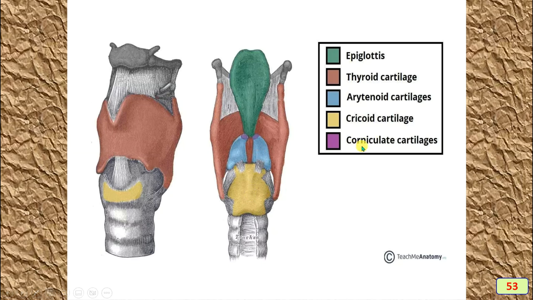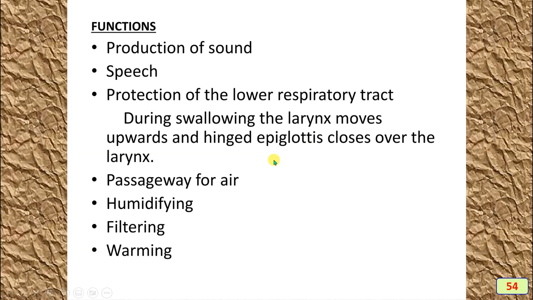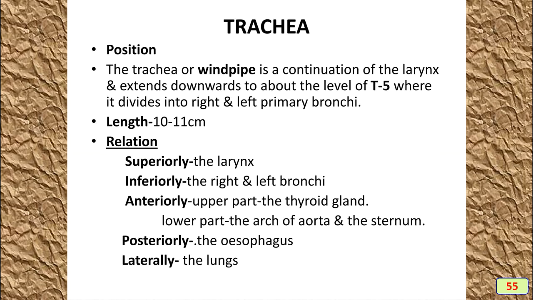Then the pink colored structures are called the corniculate cartilages, which are not seen. So the cartilages or the epiglottis serve in production of sound, speech, passage of airways, humidifying, and filtering and warming the air.